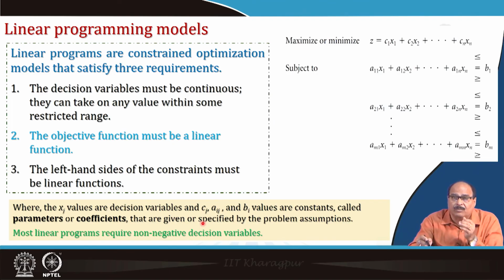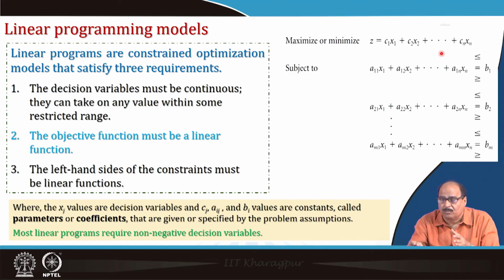So, you can see that here we minimize or maximize a particular value z, where z is equal to c1 x1 plus c2 x2 plus cn xn, subject to various parameters like a11 x1 plus a12 x2 plus a1n xn may be equal to, less than, or more than b1.